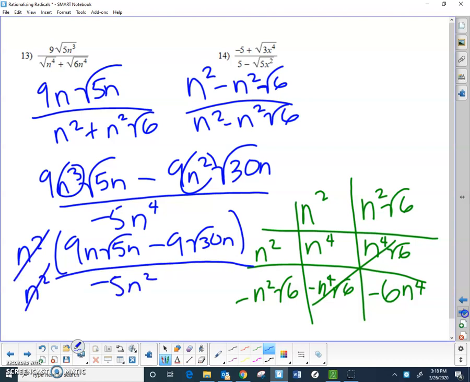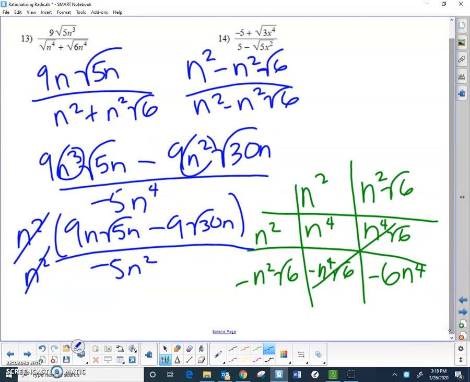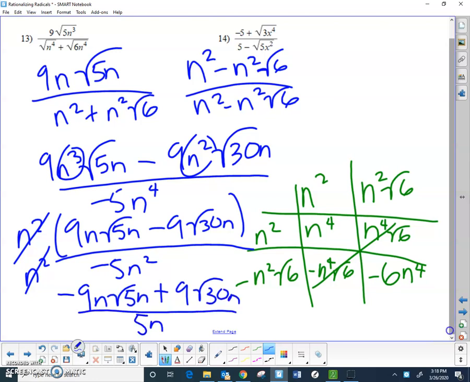So those cancel out. I'm going to move my negative, filter my negative through. So my final answer is actually minus 9n square root of 5n plus 9 square root of 30n all over 5n squared. You could flip those around so the minus isn't hanging out front if you want, or you can leave it like that.